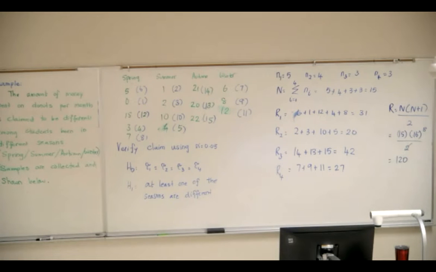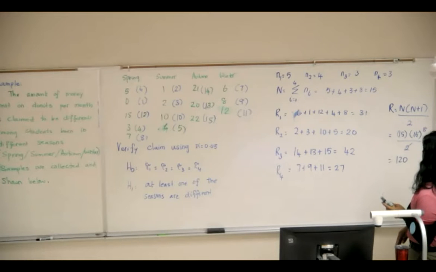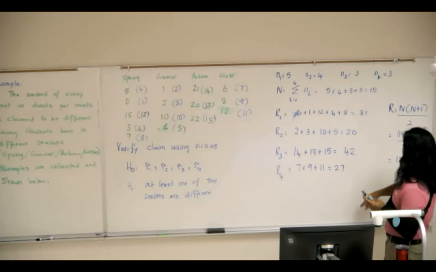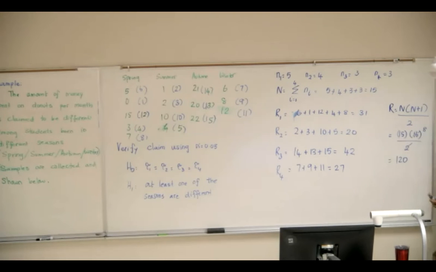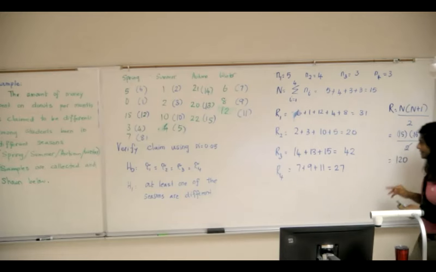Do they add up to 120? The individual sums: 20, 62, 92, 93, 120. So we did it right. This is one way of verifying if you got the right answer or not.